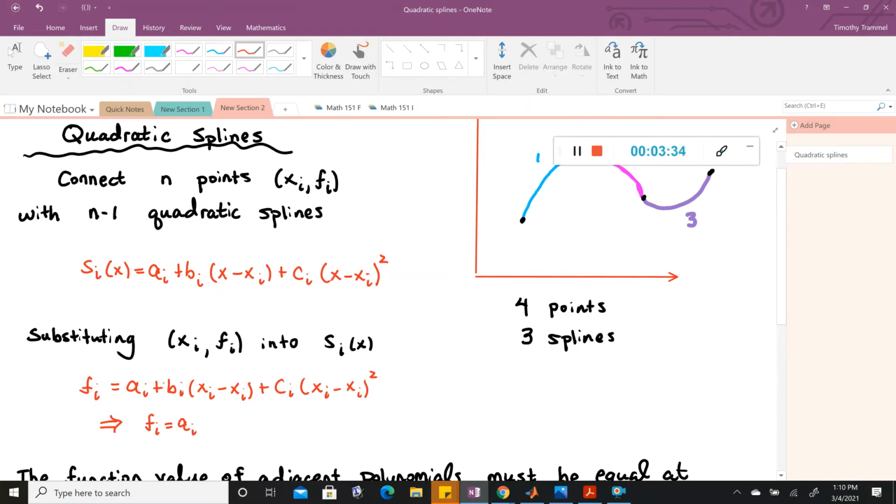So by writing our quadratic splines in this fashion, we've reduced our number of unknowns. At this point, we had 3, because we have a's, b's, and c's, and we have n minus 1 quadratic splines, so we had this many unknowns.